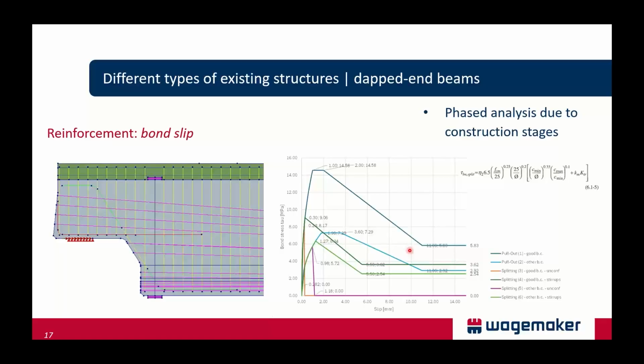In this figure, we notice a more detailed view of that notch beam with different types of bond slip relations adopted in the model, indicated by red, green, or yellow bars.